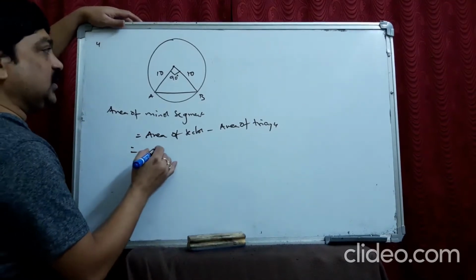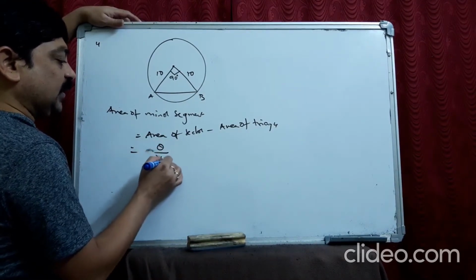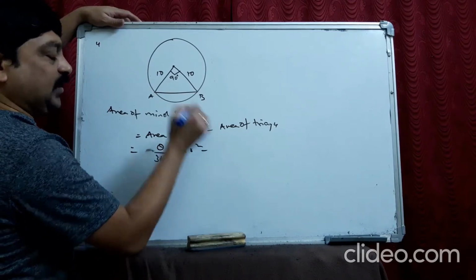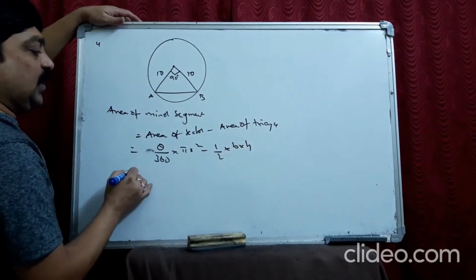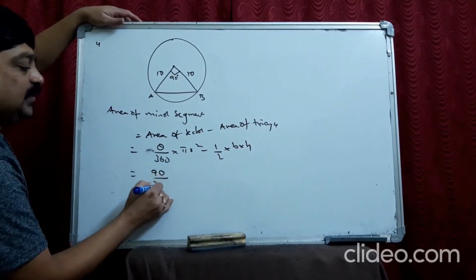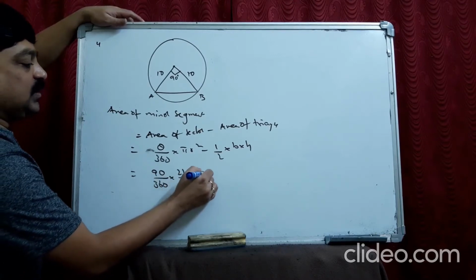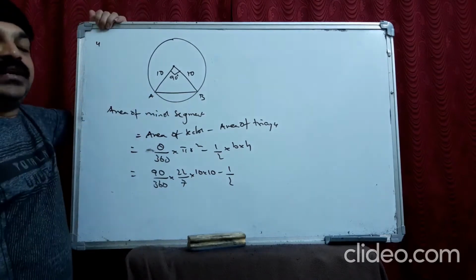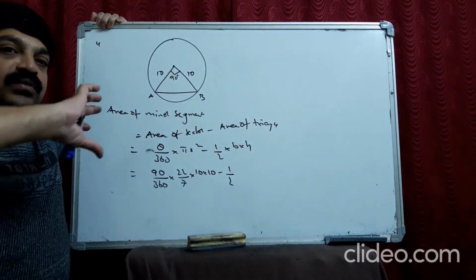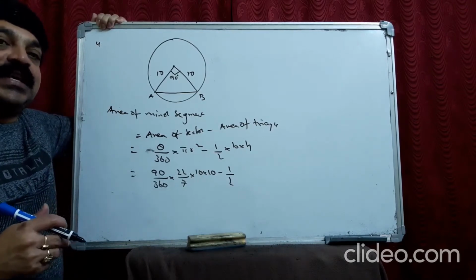Area of a sector is theta by 360 into pi r square minus area of a triangle, which is half into base into height. Now here theta is 90 by 360, pi is 22 by 7, r square is 10 into 10. Half into, now see, when you take a right angle triangle, when you rotate the triangle, the base and perpendicular can be taken as base and height.